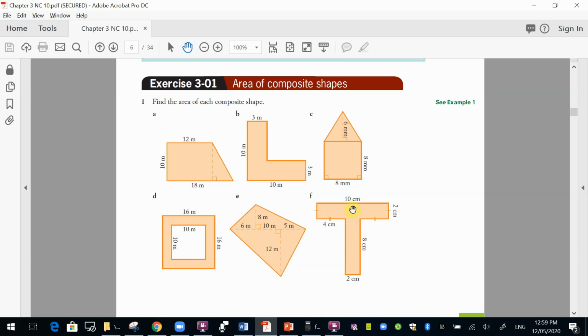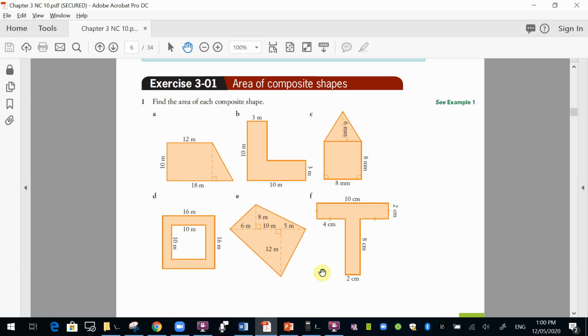Here we have two rectangles added together. It hasn't got a dotted line this time, but it's easy if you just use this one across here. So you find the area of this rectangle, longer side times shorter side, and add to it the area of this rectangle, longer side times shorter side.